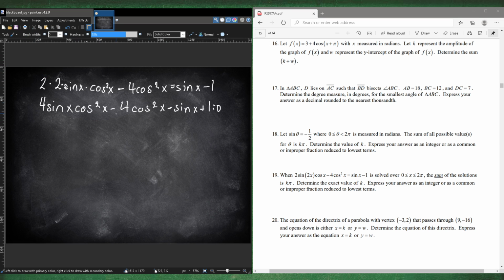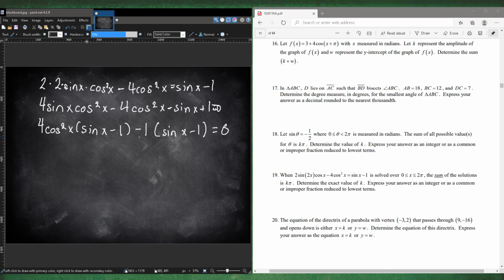And then basically this is equal to 0. And then we could distribute out common factors. So we could distribute out 4 cosine squared of x, which gives us sine of x minus 1. And then from here, we distribute out a negative 1 to make sine of x minus 1.